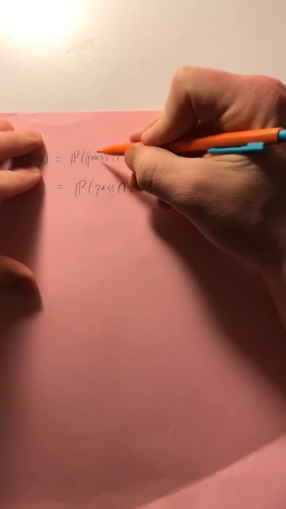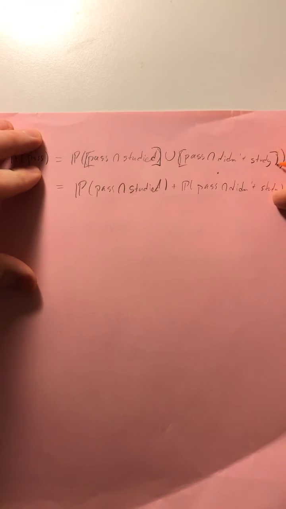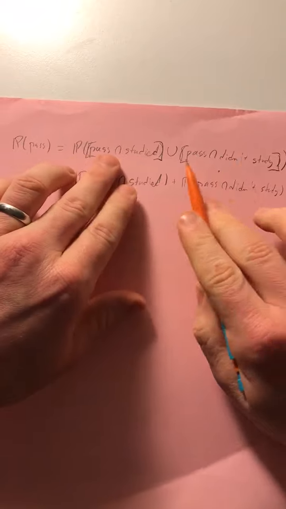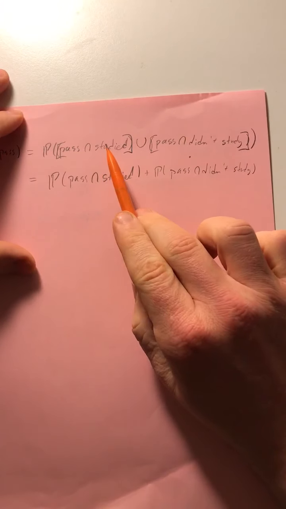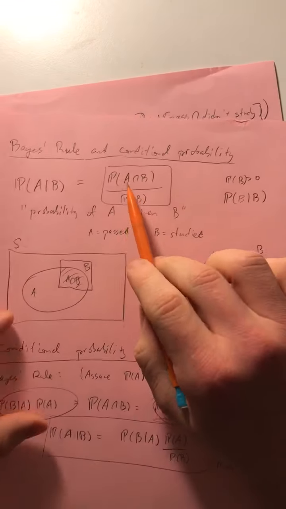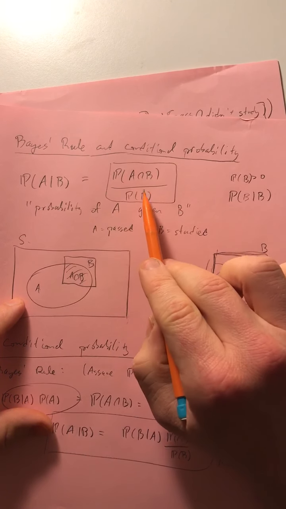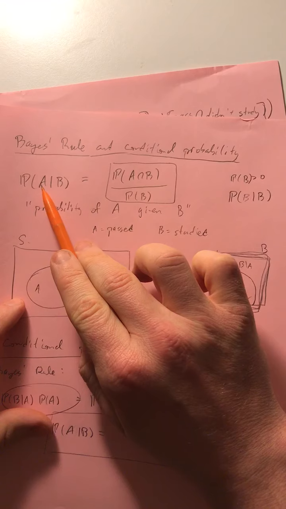The thing in this box is one event, the thing in that box is another event, and they are disjoint. Now, the probability of passed and studied uses my conditional probability definition again: the probability of the intersection is the probability of A given B times the probability of B.